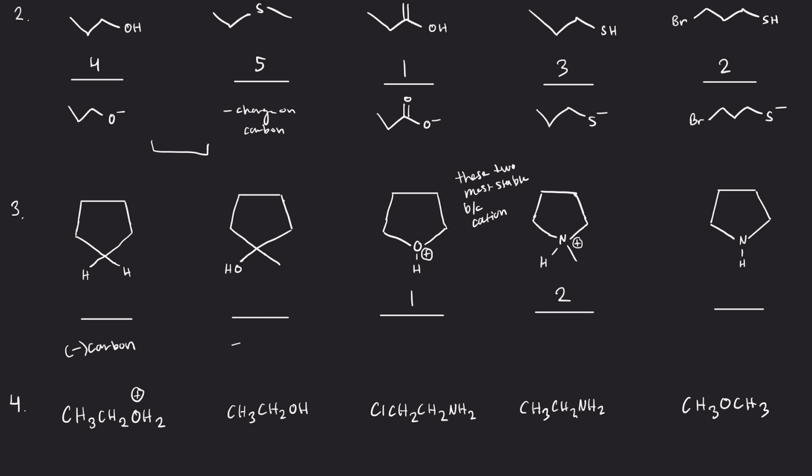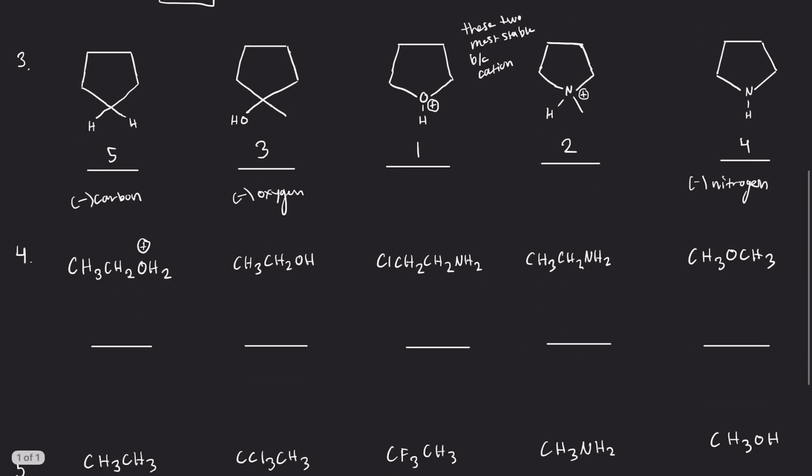Here we'd be looking at a negative oxygen. And lastly, over here, we would be comparing a negative nitrogen. So of these three, which one's number 3? Our oxygen's actually going to be number 3. Then our nitrogen's going to be 4. And our negative carbon will be 5 because it's not stable.